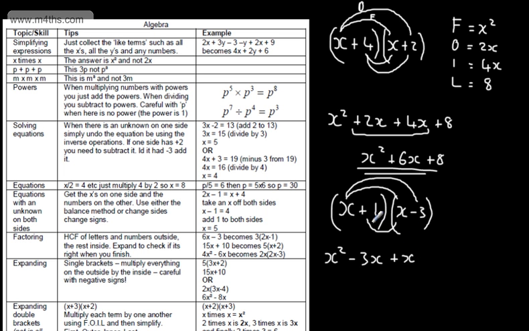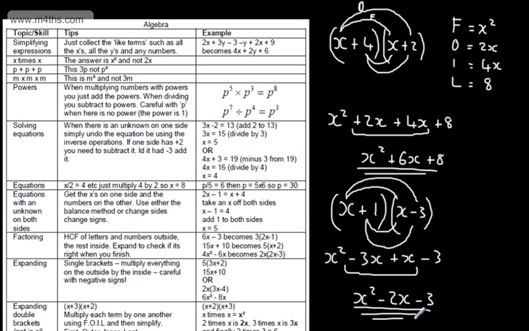And then the last terms we need to be careful. We have 1 positive, 1 negative. 1 times by 3 is 3, so this is going to be minus 3. We collect like terms. Minus 3x plus x is going to give us now minus 2x. So x squared minus 2x minus 3. And that now is fully simplified.